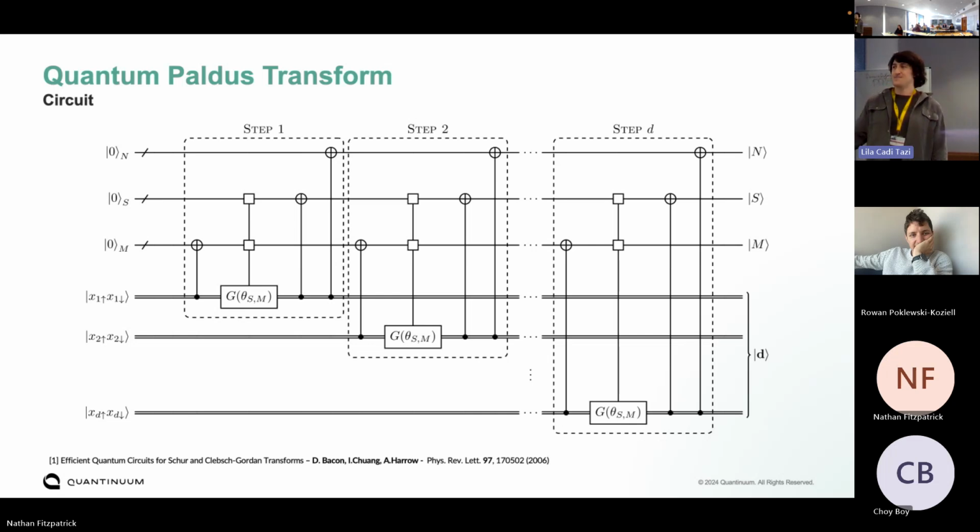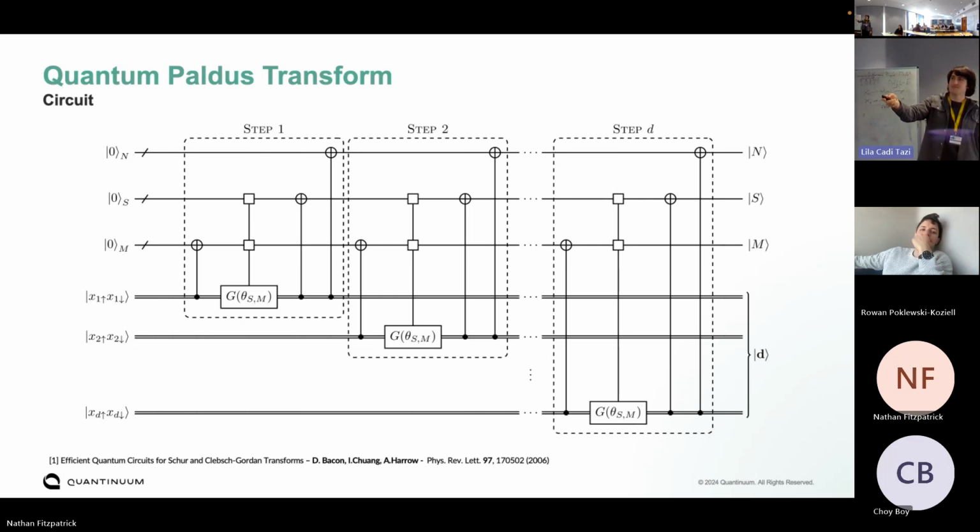So basically, there was this algorithm called efficient quantum circuits for Schur and Clebsch-Gordon transforms by Dave Bacon, Isaac Chuang, and Aram Harrow in 2006. That is for the symmetric group crossed with SU2. We were very inspired by this to basically take that structure and apply it to UD cross SU2. And it's a recursive coupling of basically these X1 up, X1 down.